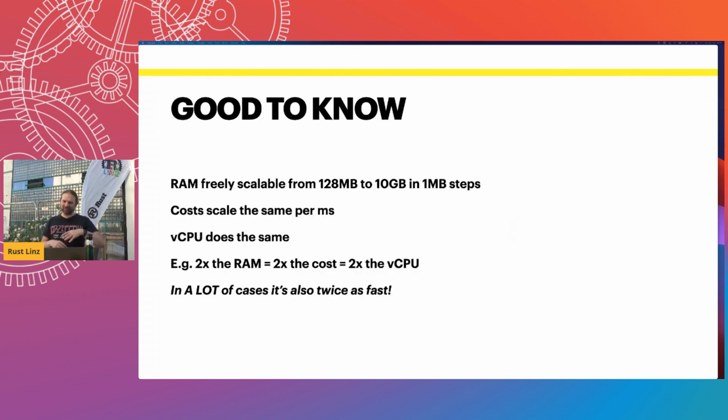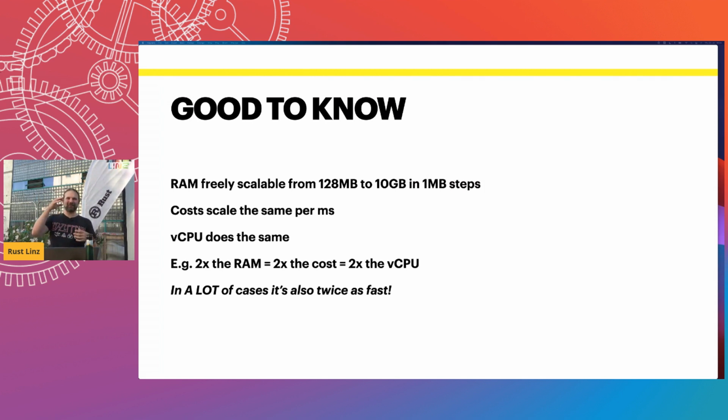One thing or a couple of things that are good to know, which were kind of interesting to me the longer I worked with AWS Lambda, is that you are paying for RAM. So the amount of dollars that you are paying scales with the amount of RAM that you use.